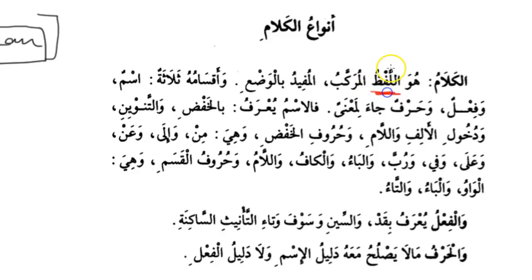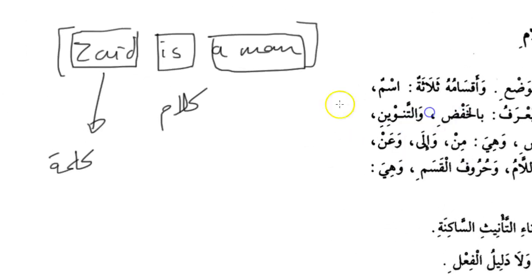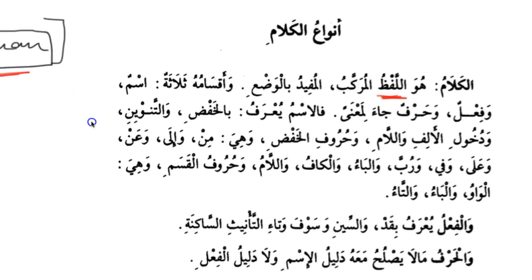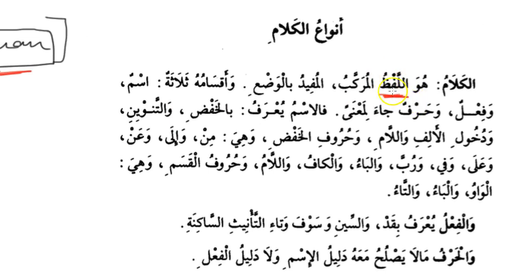Lafadh means something that's uttered, something that's said. Like, for instance, I just showed you here. Zaid is a man. So that's something that's uttered. It's something that's said. And Zaid itself is a lafadh, and a man is a lafadh. So he says kalam is something that's uttered.